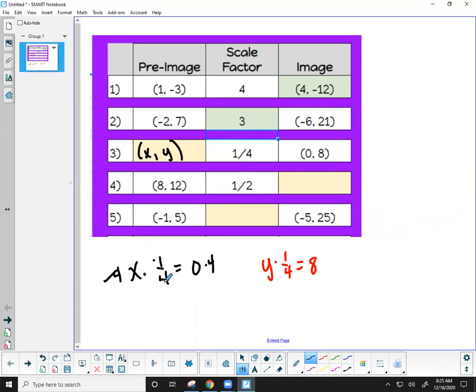Right, because then that would cancel. So I have x equals 0 times 4 is 0. Over here, when I multiply both sides by 4, again, my fraction will cancel, so I'll have y equals 32. So your answer here is going to be 0, 32. Okay.